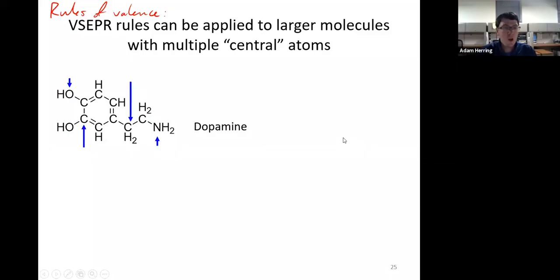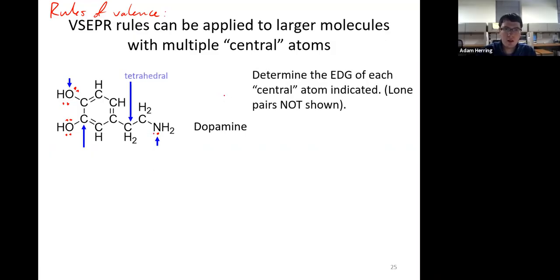All right, so hopefully you were able to determine it. Let's see here. Nitrogen here should have a lone pair of electrons because it has 3 bonds. Oxygen here needs 2 sets of lone pairs. All of the other elements are satisfied. So what is the electron domain geometry of each of them? We have a tetrahedral electron domain geometry for that carbon atom. It is trigonal planar for this carbon atom because it has 3 electron domains.